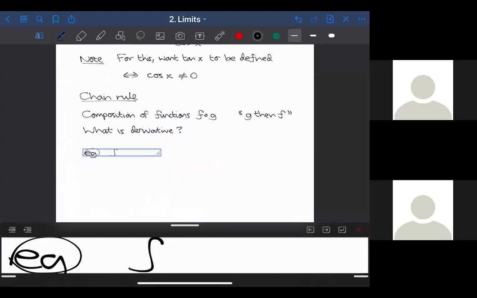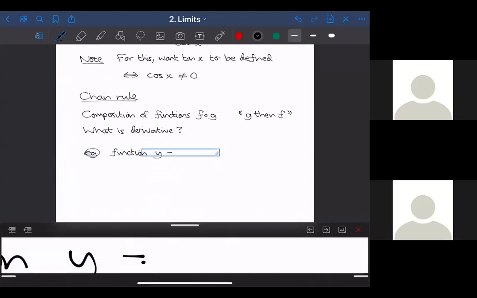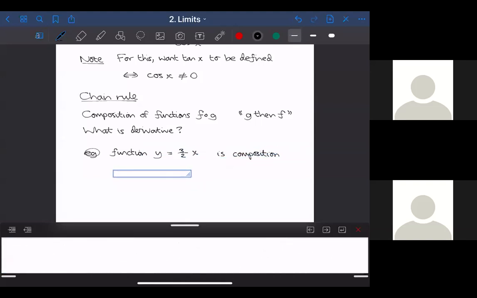So if we take the function y is 3 over 2 x. So of course that's 1.5 times x, but it's also multiply x by 3 and then half. So in other words, a composition of functions: y is half u and u is 3x.